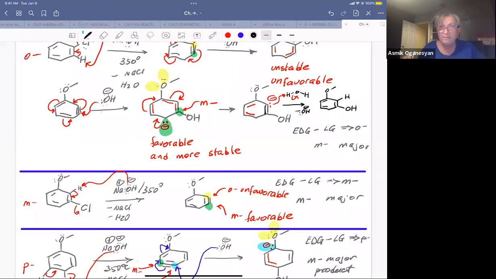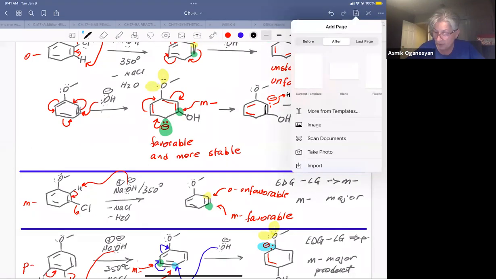Okay. So hopefully you've understood this. Now we can put together a couple of examples on predicting the product and predicting the reaction conditions, okay? And we will see if this sits well with you, and then I'll put out a couple of practice problems.